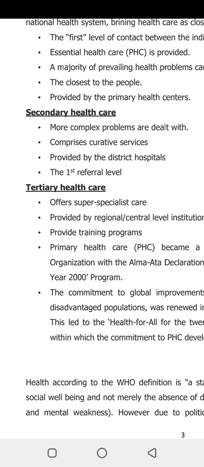After an individual engages with the system at the primary level, at the secondary level we are referring these people to go for further medication, for advanced medication, for treatment at the general hospitals, or what we call the district referral hospitals.